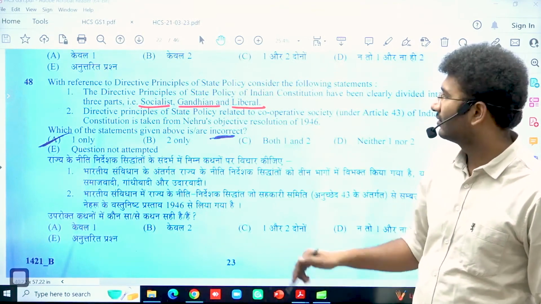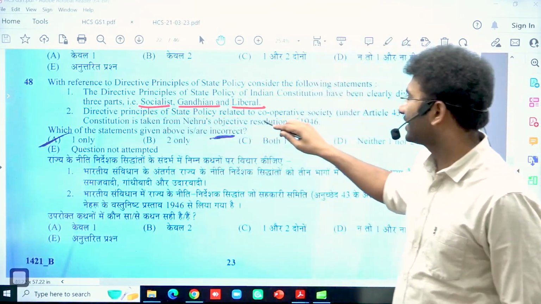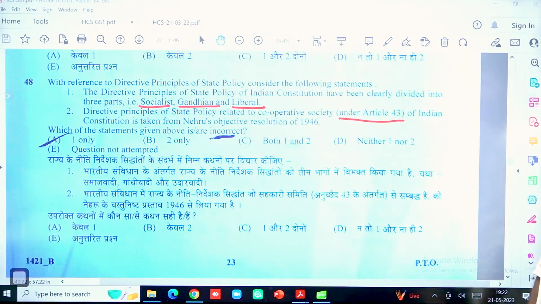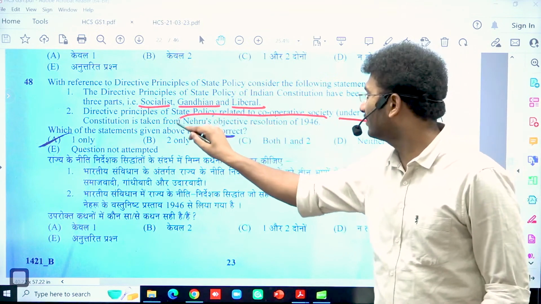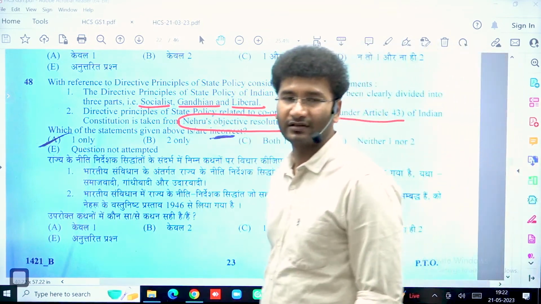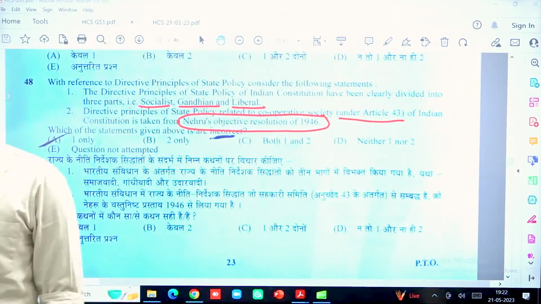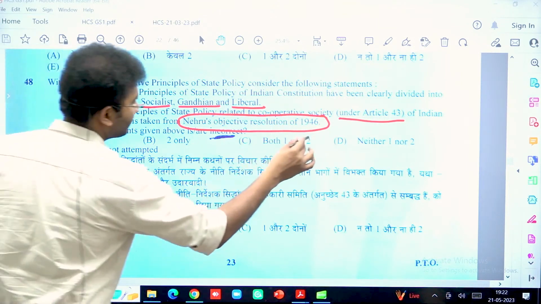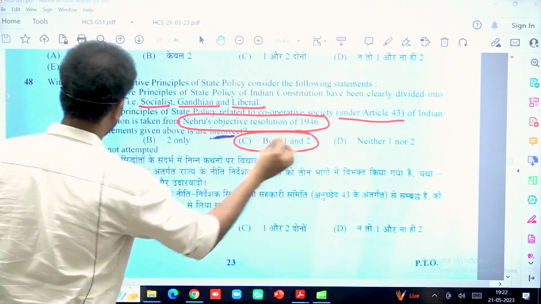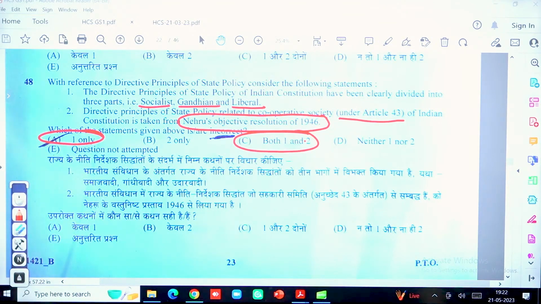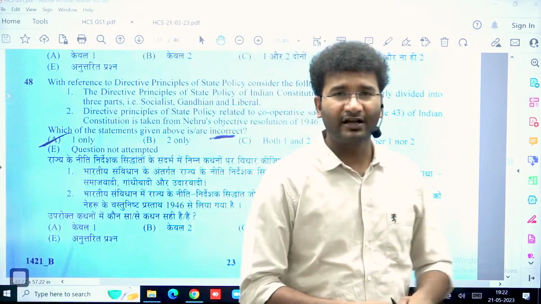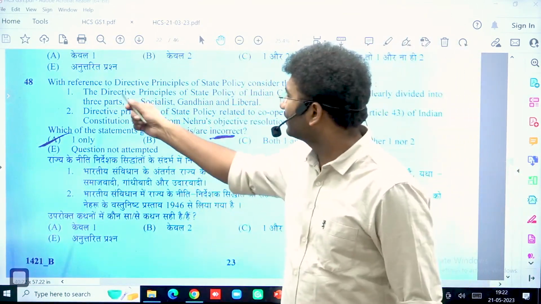Okay? Next, the directive principles of state policy related to cooperative societies under Article 43 of the Indian Constitution is taken from Nehru's objective resolution. Now, this particular statement, most of the students either confuse between both 1 and 2 and 1 only. Firstly, this is an interpretative question where it is asked with reference to the DPSP.